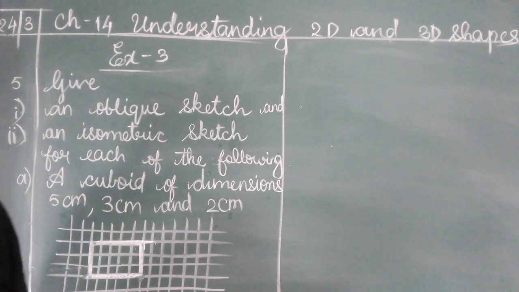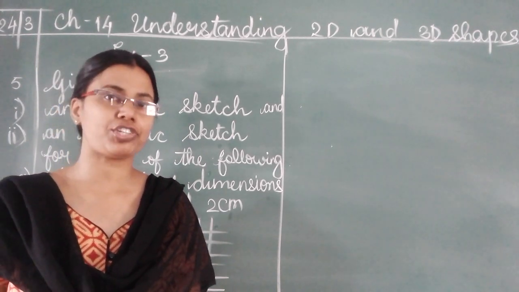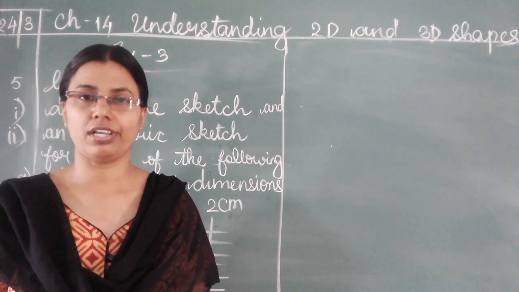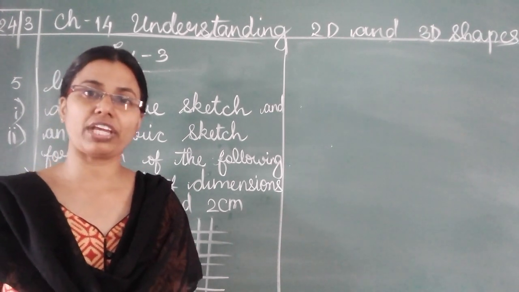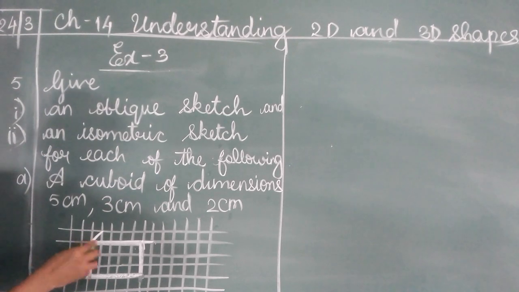As we are drawing the oblique sketch, it's not necessary that we have to draw the actual measurements. The sizes or the measurements are not proportional. So here we are going to take only one box and we are going to draw a diagonal line.